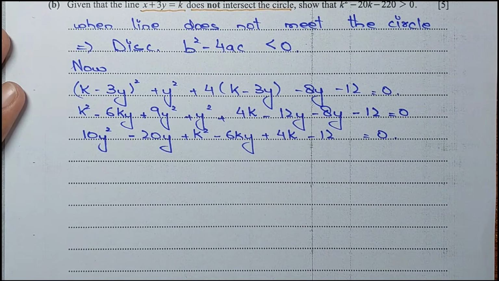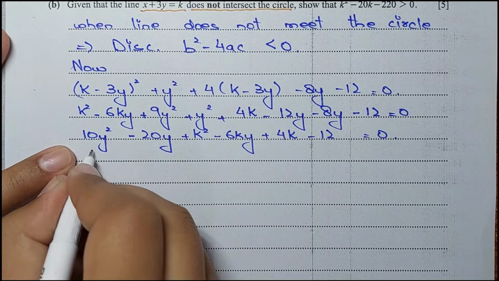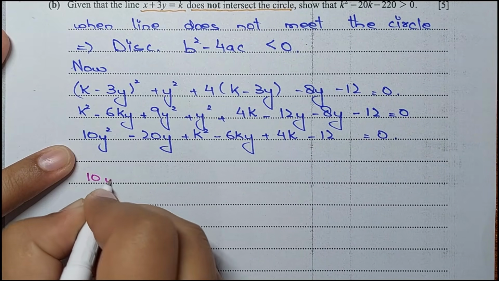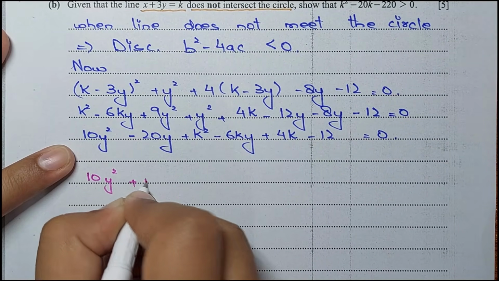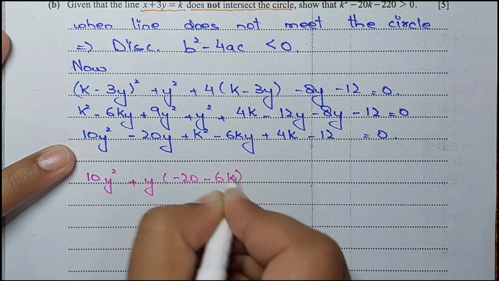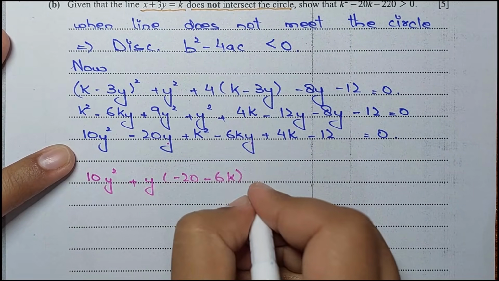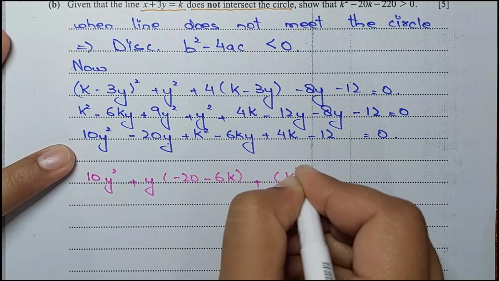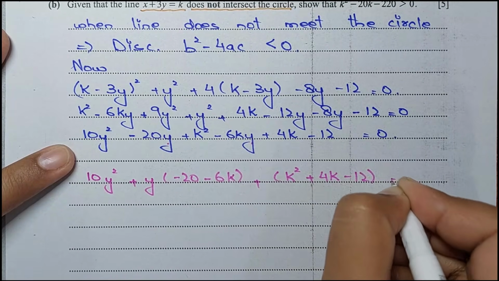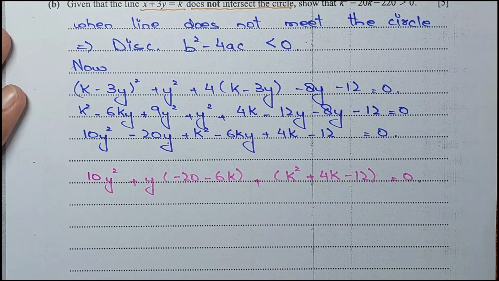Let me arrange this: y square, y, and the constant term, right? So 10 is the coefficient of y square. The y coefficients are minus 20 and minus 6k. The constant terms are k square plus 4k minus 12.